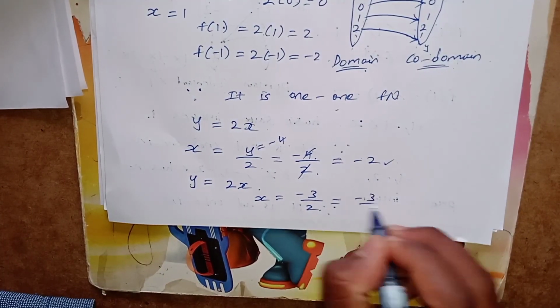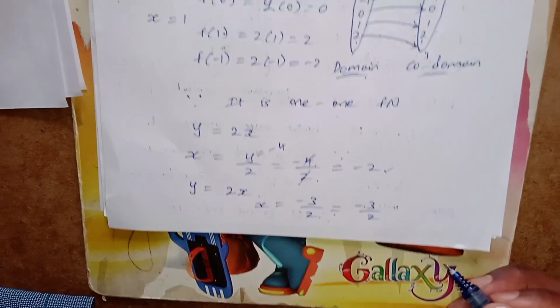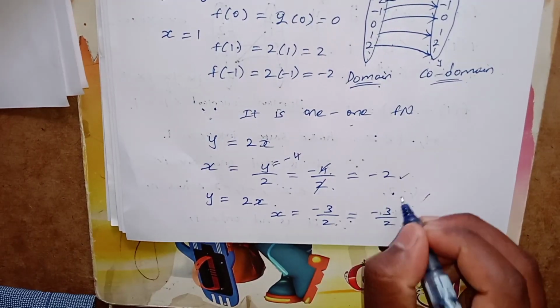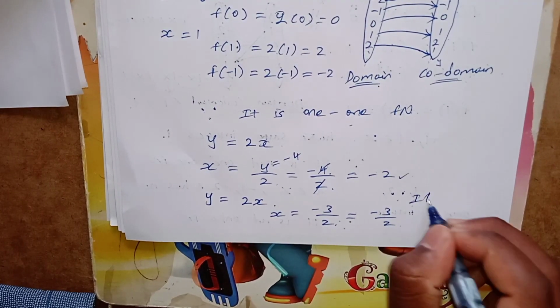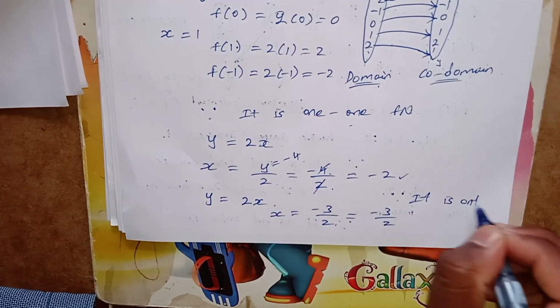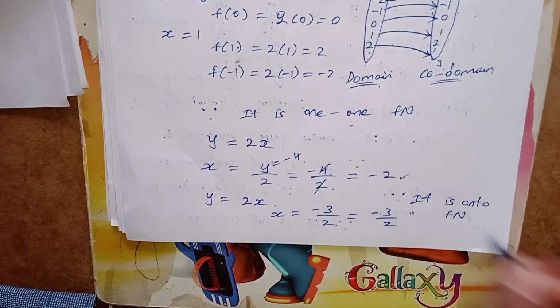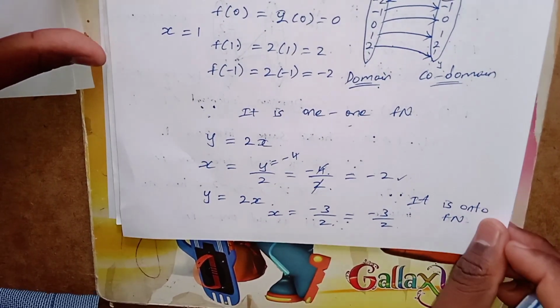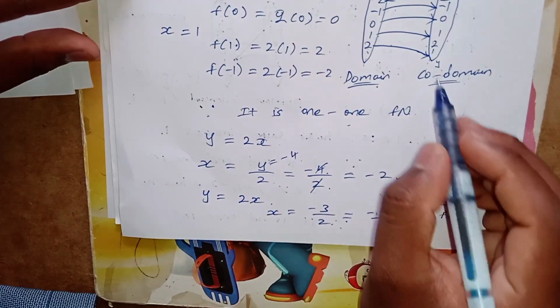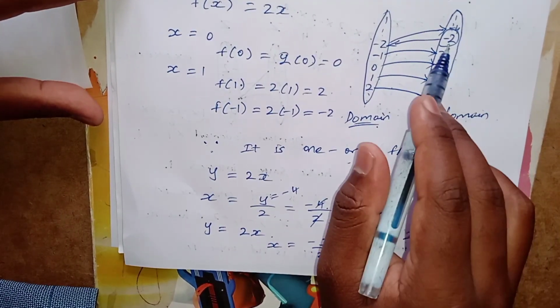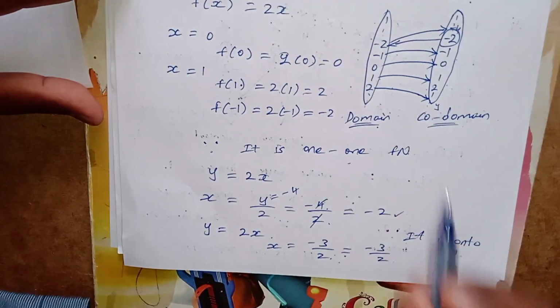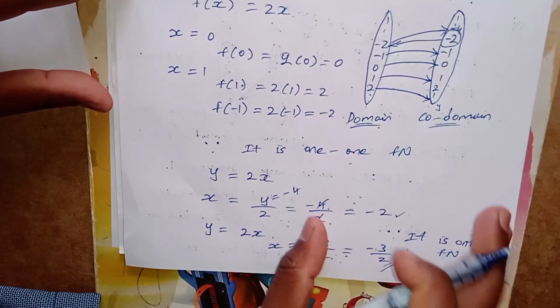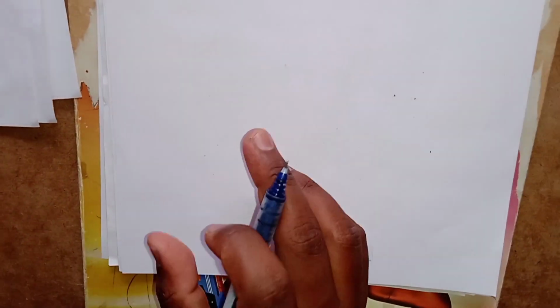Therefore it is an onto function. Okay, it is an onto function because here it is satisfying every image as its own pre-image. Okay, therefore it is an onto function. Okay, next.